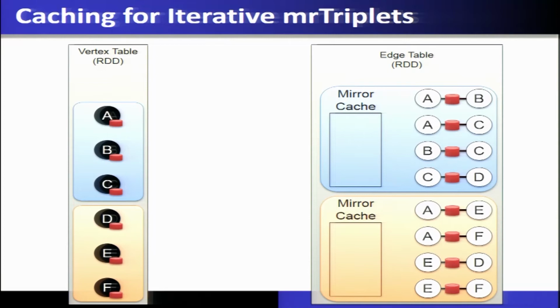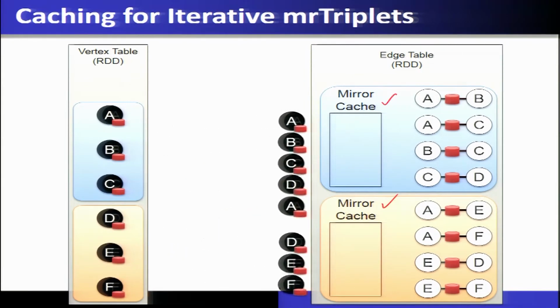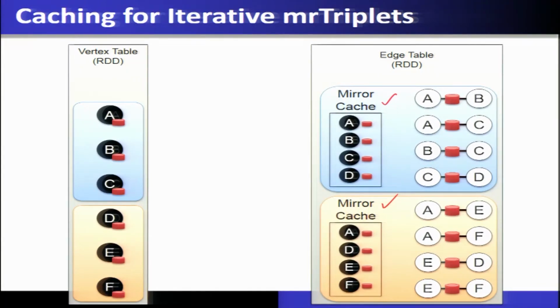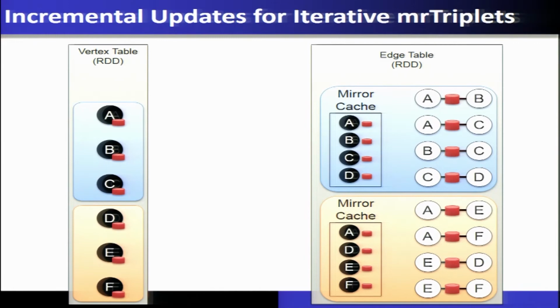Here we can see that the edge table will now contain the mirror cache of the routing table entries, and therefore the vertices which are required to communicate in the first part will be stored in its mirror cache. Similarly, the nodes which are required to communicate on the second part will be stored in the mirror cache of that corresponding part.